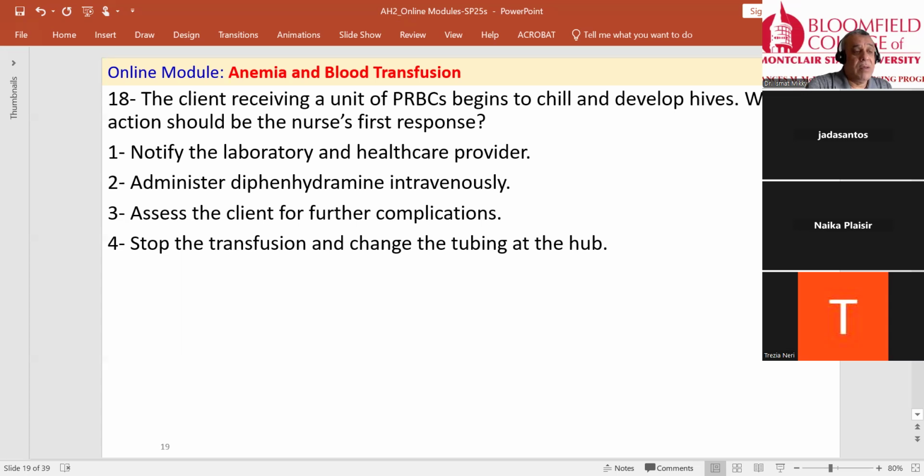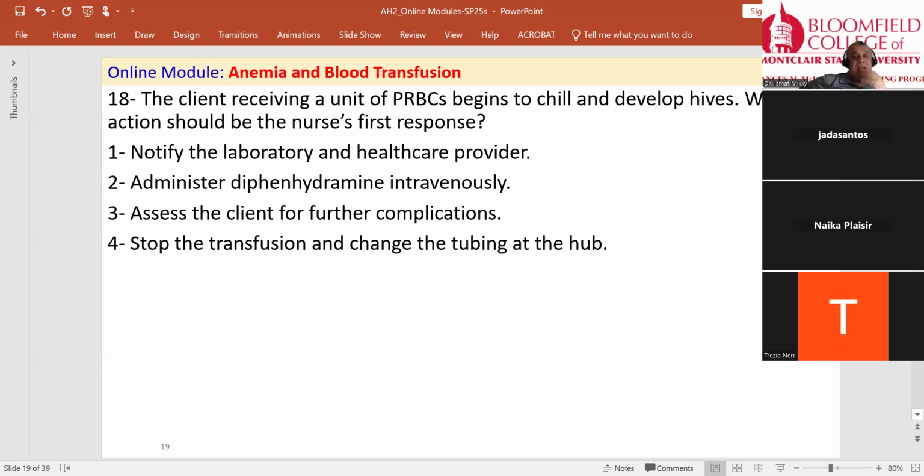Any question about the other options like 1, 2, or 3? Why is number 1 incorrect? The question is asking what your first response is.